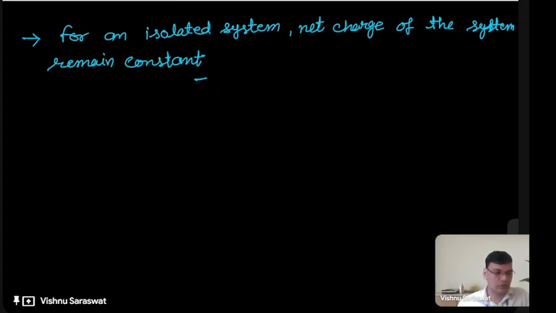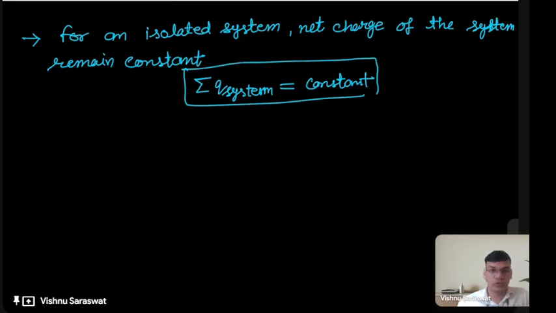Suppose any isolated body has a net charge, that always remains constant, like q system, the charge, remains constant. So this is a very important property, and electric charge is always conserved.